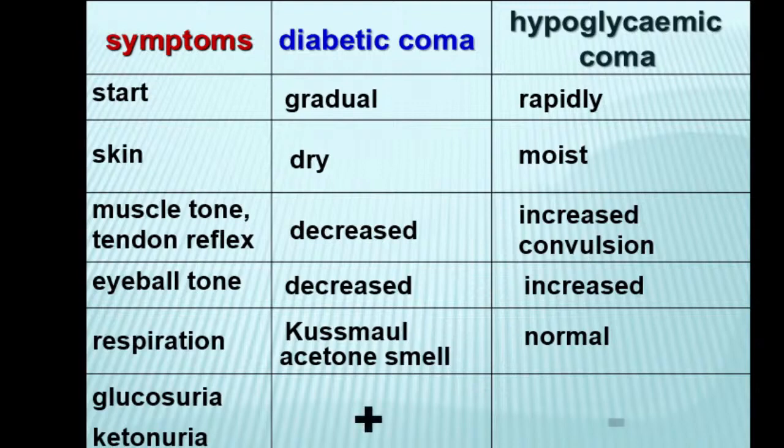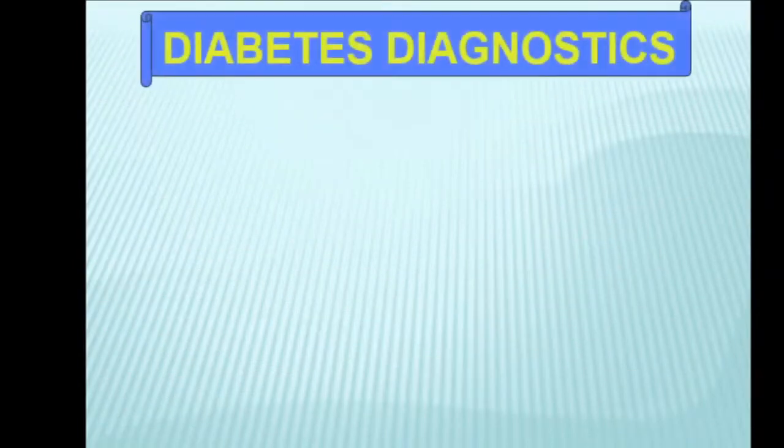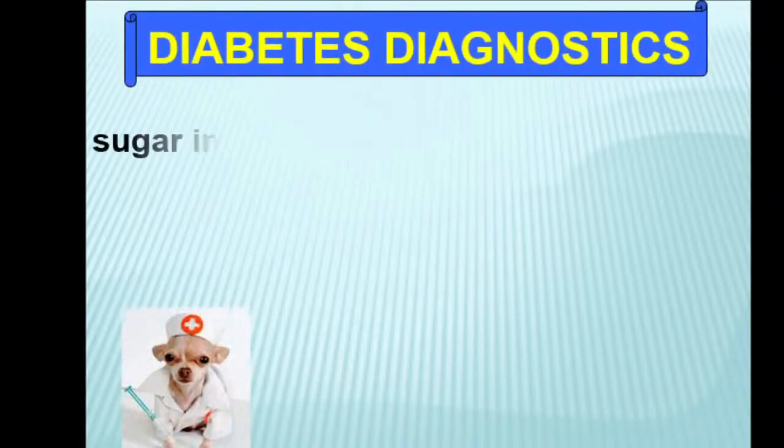Urine and blood analysis are obligatory. It may be assessed immediately because we have a specific fast test which shows the presence or absence of acetone in the urine and shows the level of blood sugar. In diabetic coma, glucose and ketone bodies are present in urine; in hypoglycemic, no. The level of blood sugar is obligatory.